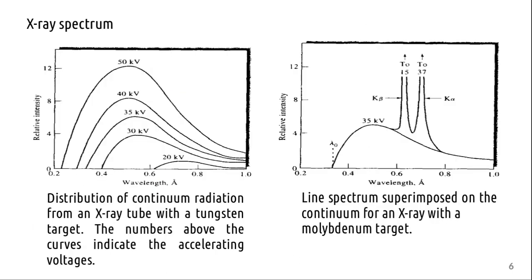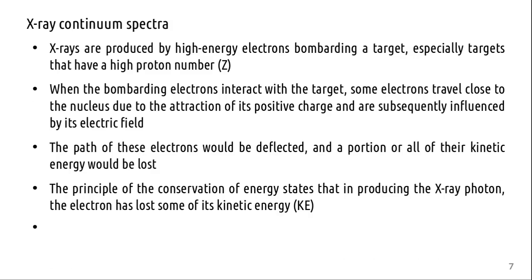So there could be two possibilities. One is a continuous spectra, the other one is a line spectra. Continuous spectra is caused by the interaction of the electrons impacting on the anode with the nuclei of the anode. The target anode nuclei will repel these electrons.